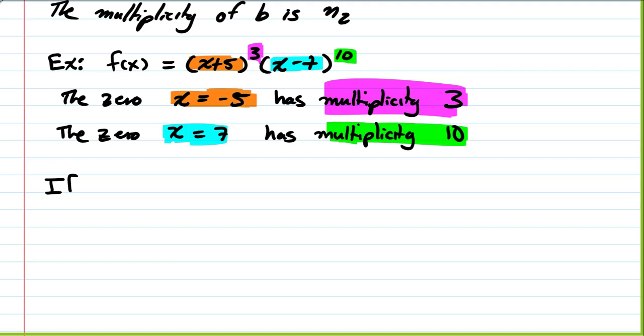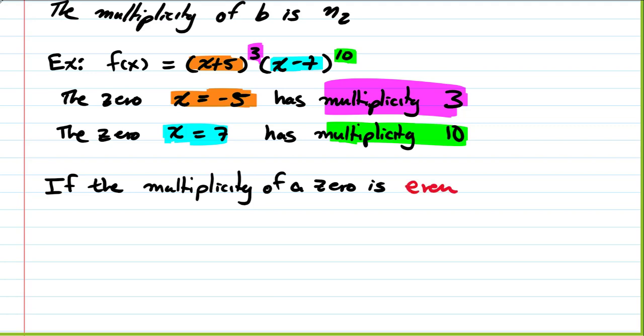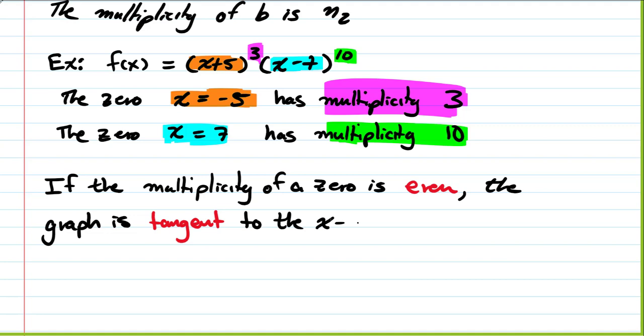So if the multiplicity of a 0 is even, the graph is tangent to the x-axis at the 0.